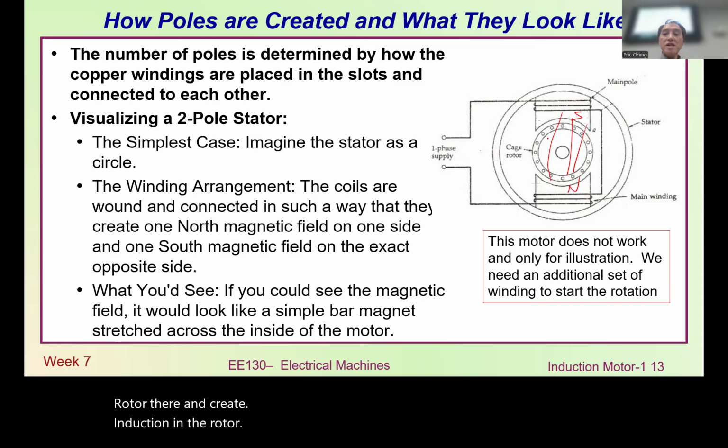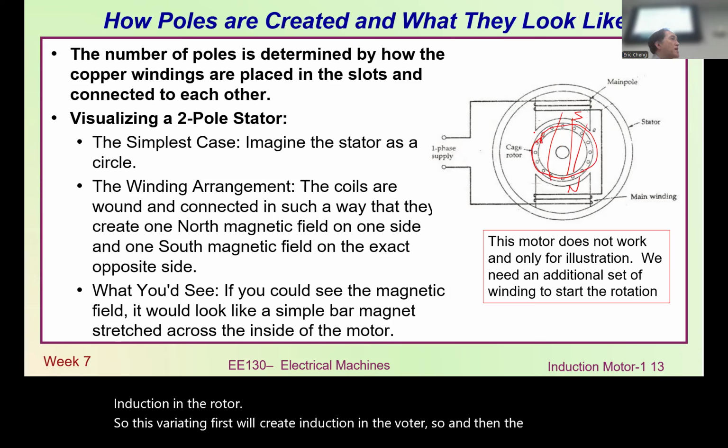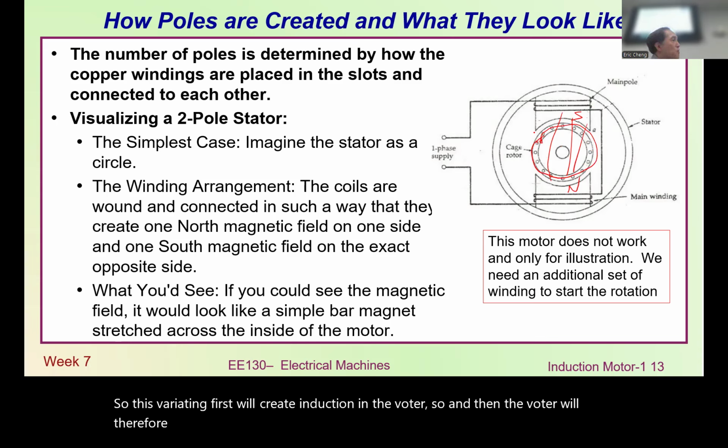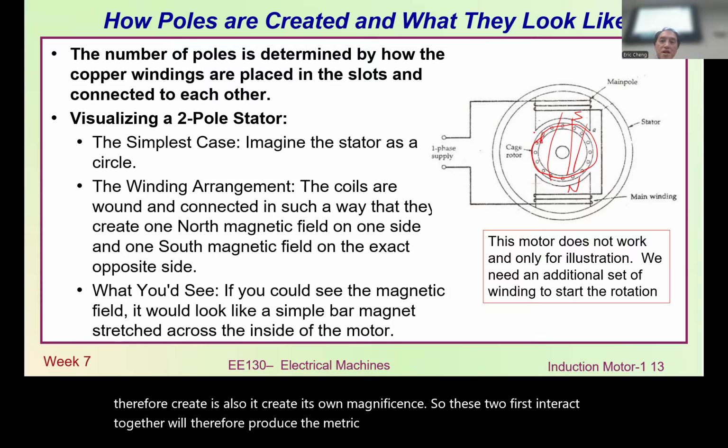So this varying flux creates induction in the rotor, and the rotor then creates its own magnetic flux. These 2 fluxes interact together and produce the magnetic force. So that is basically how it looks.